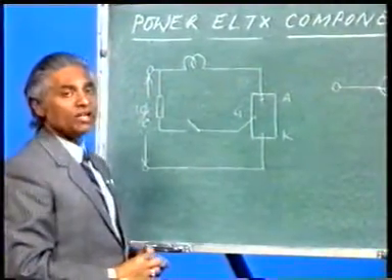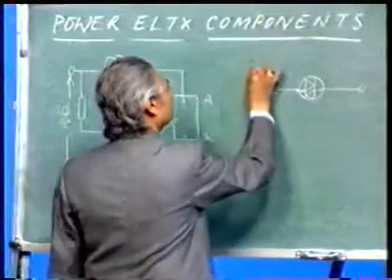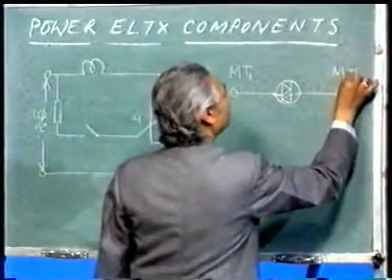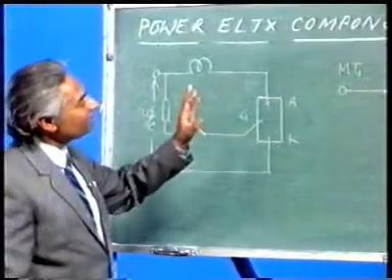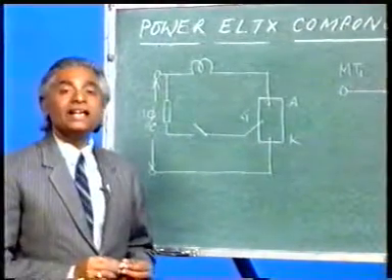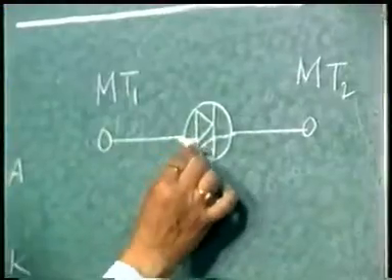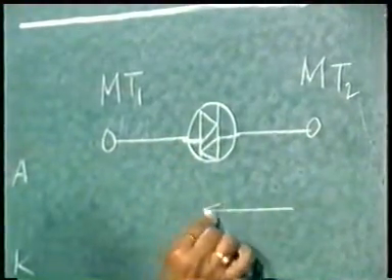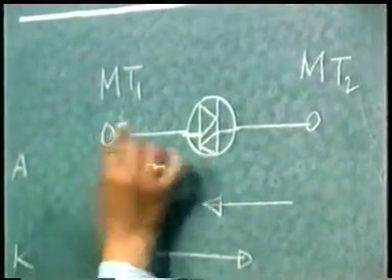It is also a 4-layer semiconductor device, but there are only 2 terminals and we call them main terminal 1 and main terminal 2. Now, can you find the difference between SCR and a Diac? In case of an SCR, you remember it is a unidirectional device. Here I have put 2 arrows, one in this direction, the other in this direction. It means the conduction can be from this terminal to this terminal, also from this terminal to this terminal.